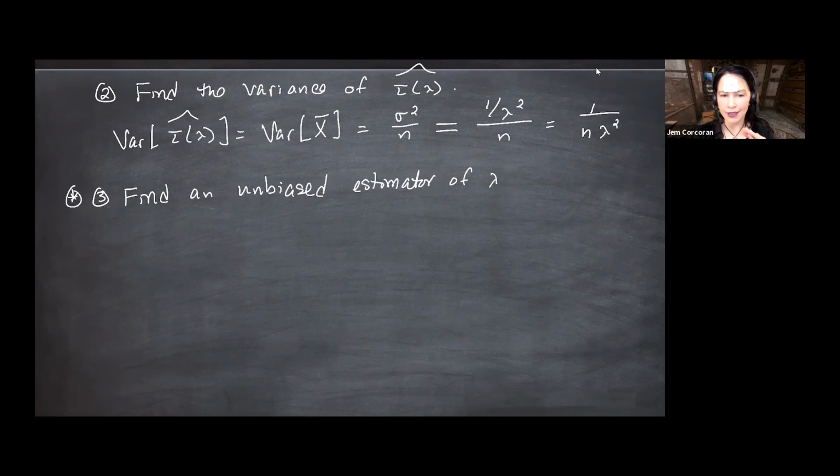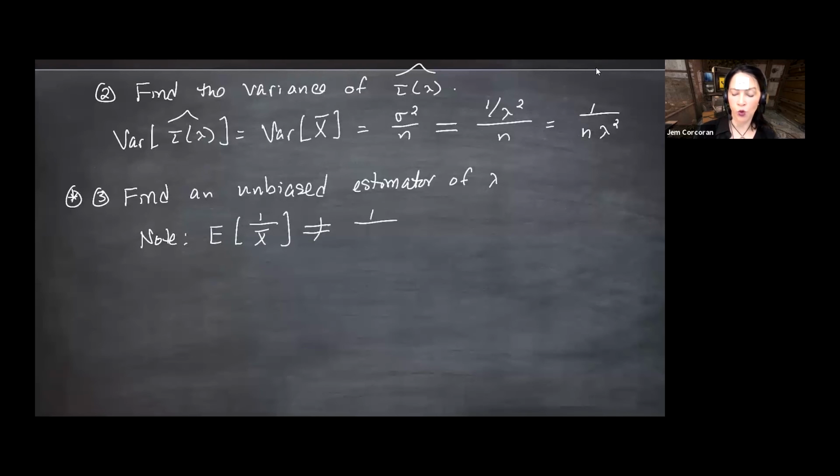Now, that should not be right, because, let me put this as a note, the expected value of 1 over x bar is in no way, shape, or form equal to 1 over the expected value of x bar, because integrals just don't work like that. In general, if you're computing 1 over some x times a PDF, this is not the same thing as 1 over the integral of x times the PDF.